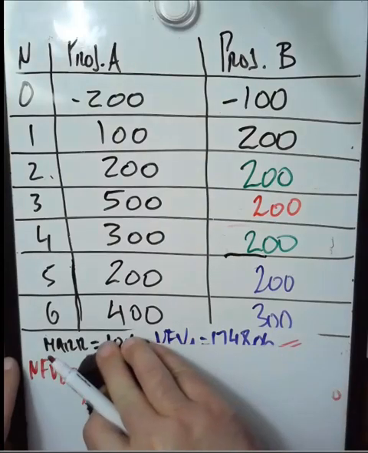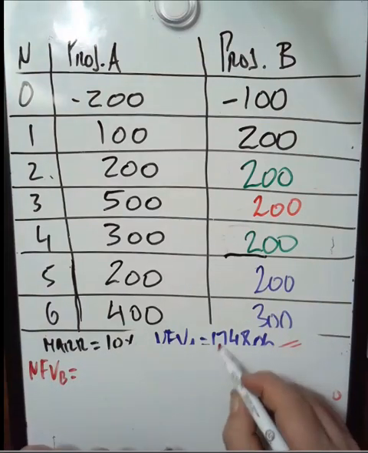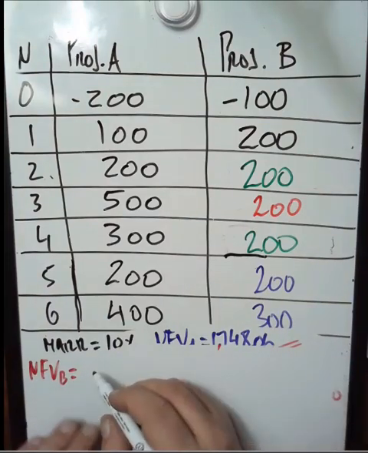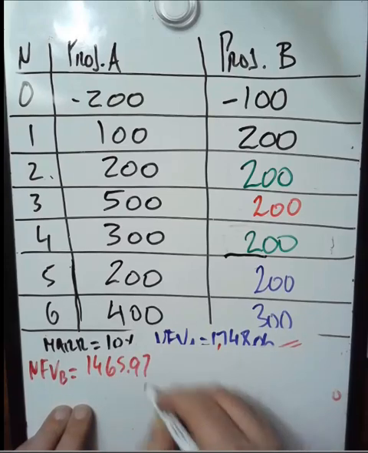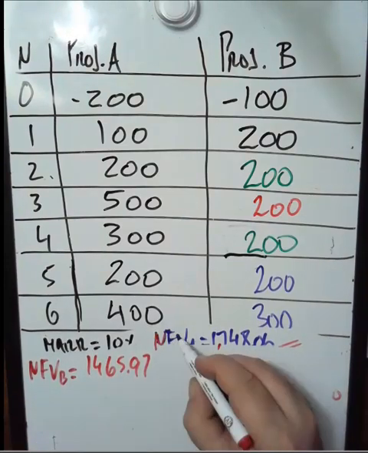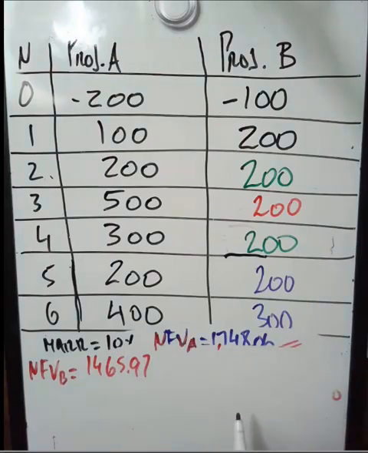Now we have project A with 1748, we got project B with 1465.97, and then let's say we want to find the annual worth. And the annual worth, in this case, let's use the future value of an annuity.